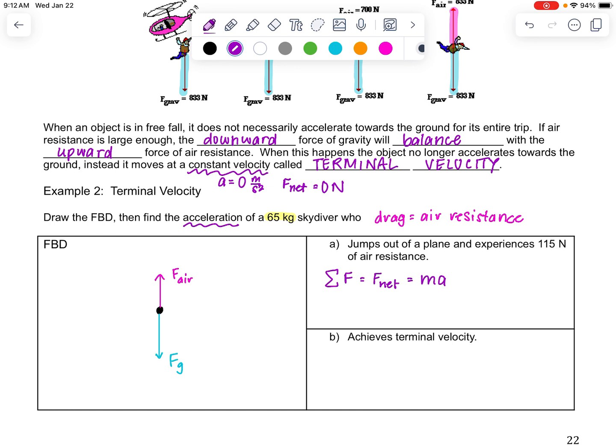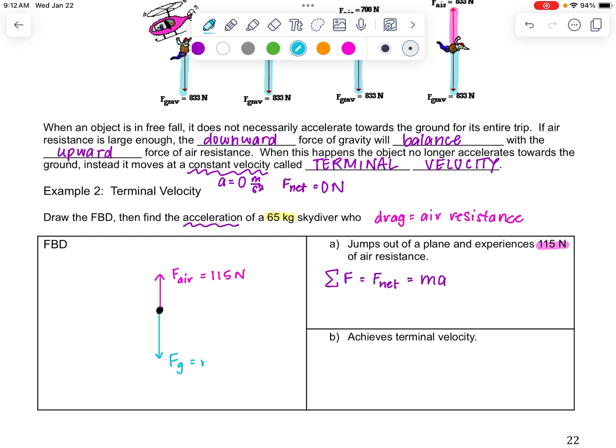Oh, look, okay, I got it. Here's my air resistance force, that's in newtons. So I know that this is equal to 115 newtons, okay?